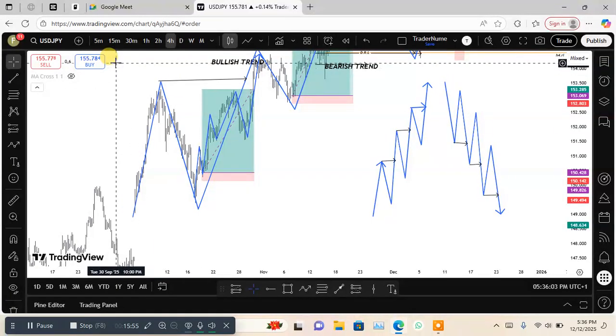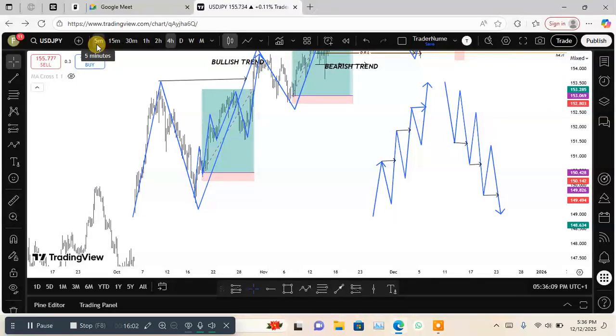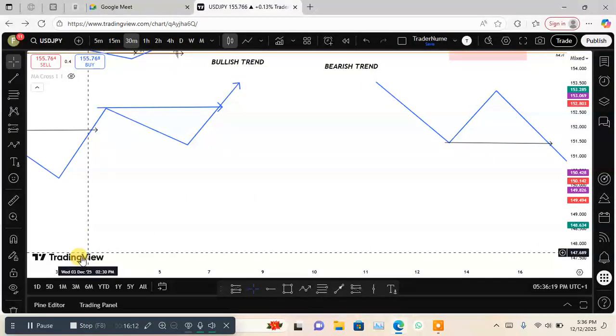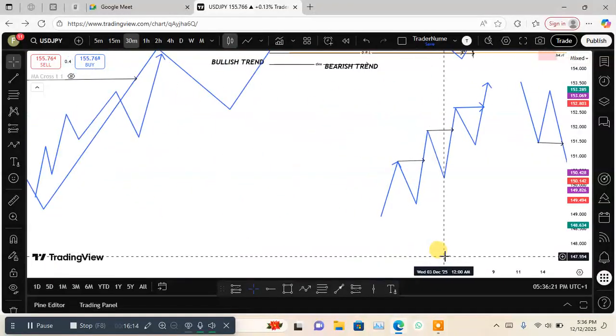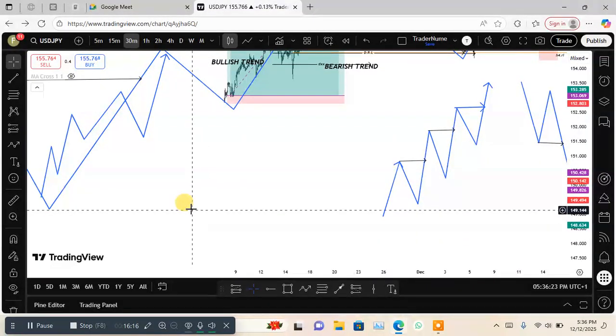Now we have our internal structures, which we can use the lower time frame to mark out. You understand? Now this is on 4 hours. If I go to, let's say, 30 minutes, now you see clearly how I marked the internal structure.